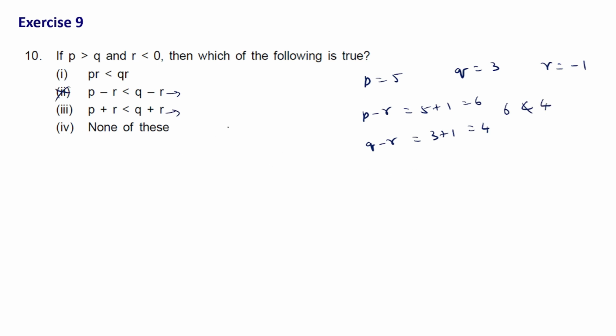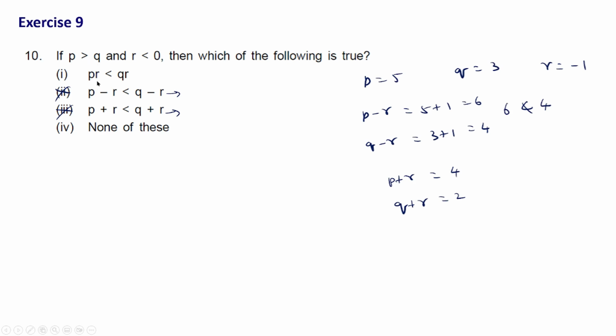Let us see the third option. P plus r will be 5 minus 1, 4, and q plus r will be 3 minus 1, 2. Again p plus r is not less than q plus r. But if r is negative and if we multiply by a negative number on both sides, then the direction of inequality changes.